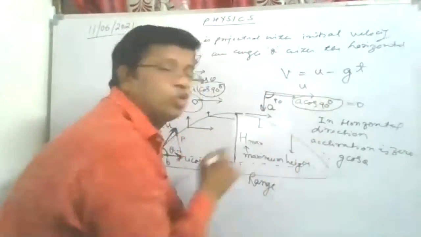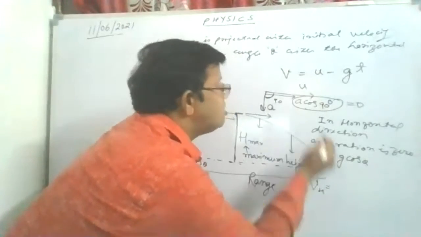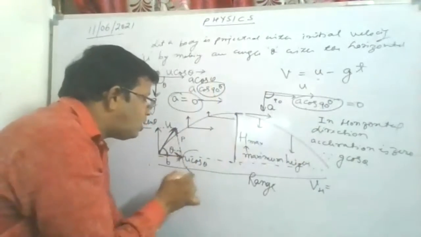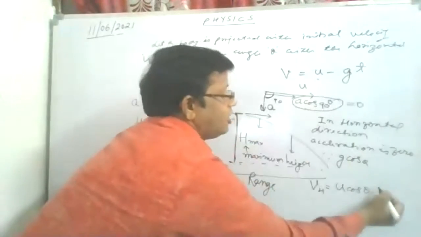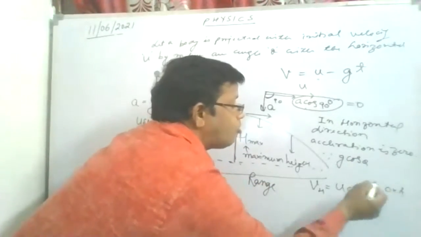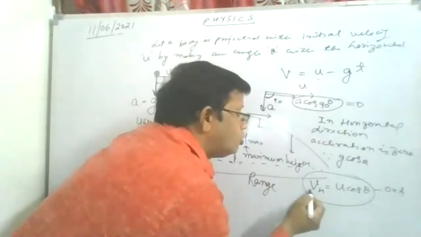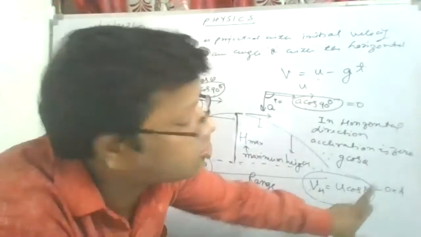So therefore what we can say about velocity along the horizontal direction? What is the initial velocity along the horizontal direction? U cos theta. What is the acceleration? 0, and 0 into t is 0. It means with the passage of time the horizontal component of velocity always remains the same.